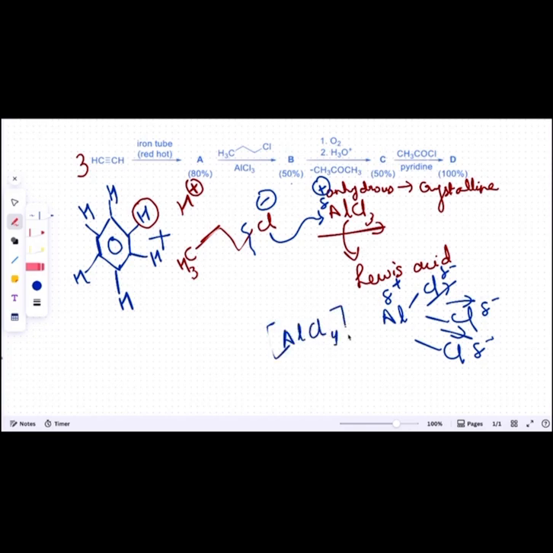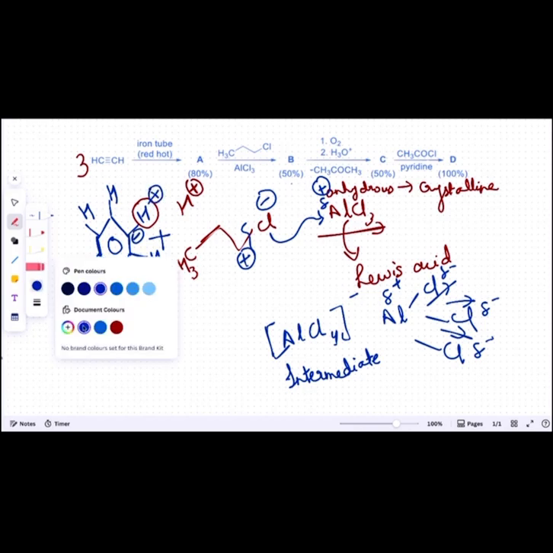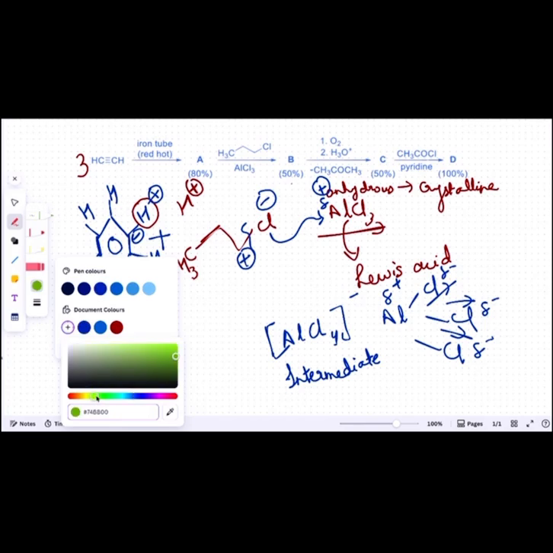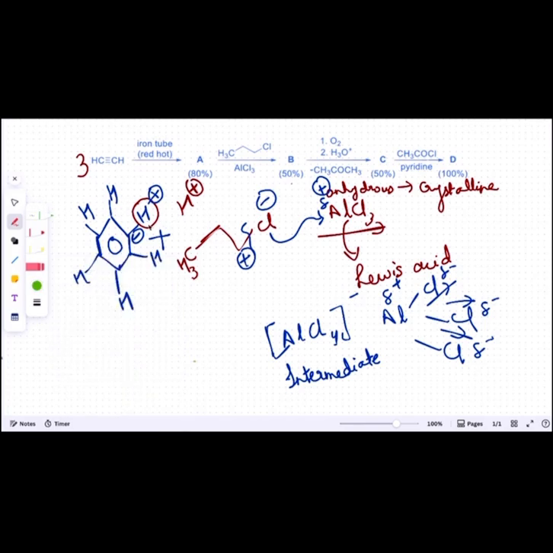Now the intermediate it forms: due to the delta positive charge on Al, it attacks the Cl minus from the reactant molecule itself, and the Cl gets attached to the AlCl3 molecule, forming an intermediate such as AlCl4 minus. It is a catalyst, so it will not be used up in the reaction.